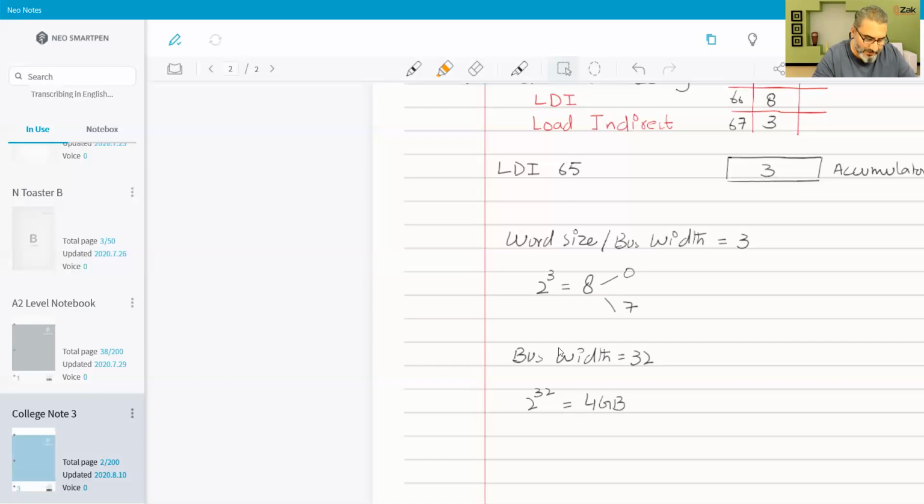All right. So now what basically happens, let's say we have got a bus width of 32.